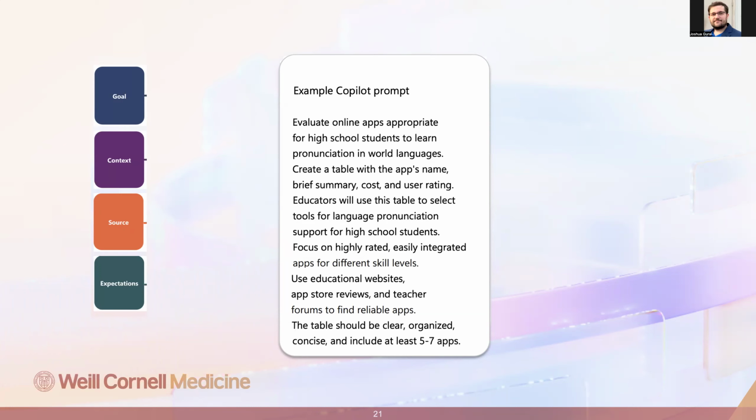However, taking the time to go through the process of identifying your goal, context, source, and expectations, while it is much longer than a simple keyword search, the hope is at the end of this creation, when you hit enter on this example prompt, you're going to get exactly what you want. You don't get a series of links that you need to go through, read, and understand. The goal of this is to hit enter and everything is presented for you exactly how you want.